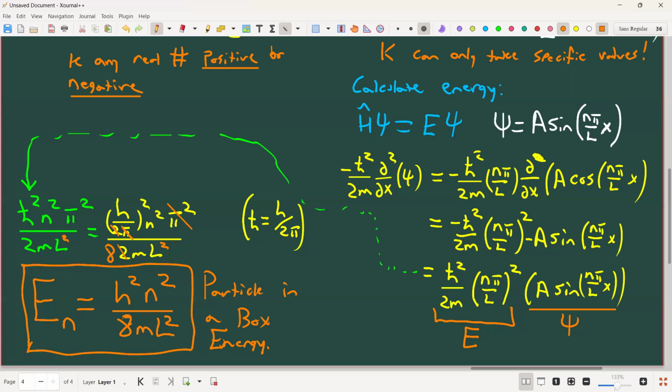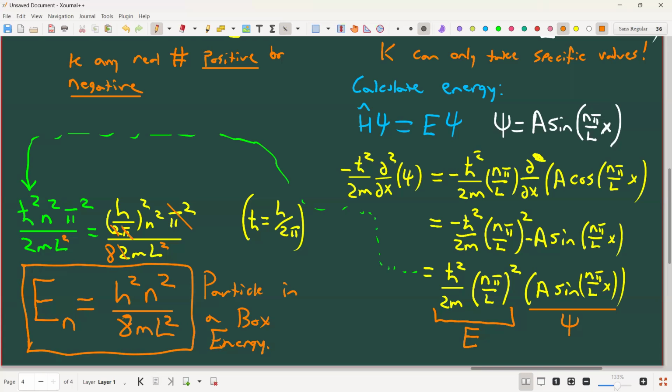Very clearly different than what we had before. With the free particle, we had h bar squared k squared over 2m. Right, so there's no length in it. There's obviously no length because the box is infinite, so there is no length scale in the particle.